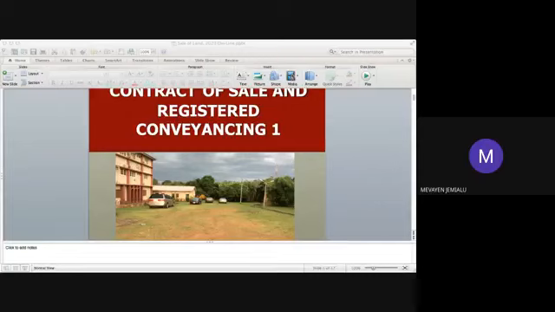That is physical defects that are visible to the eyes. It is not the duty of the vendor at this stage to disclose them. It is the duty of the purchaser, if he so desires, to inquire into them. But it is the duty of the vendor at this stage to disclose latent defects. Please note the difference. Latent defects are defects that are hidden, that are not visible to the ordinary eye.